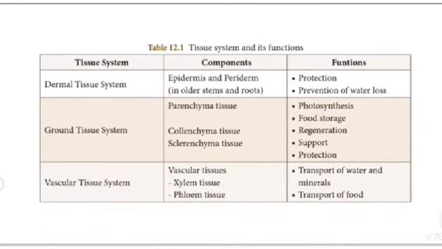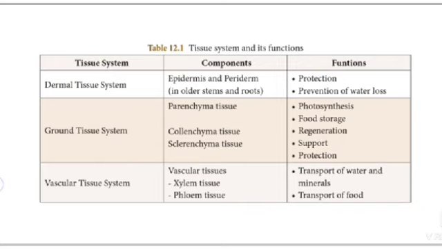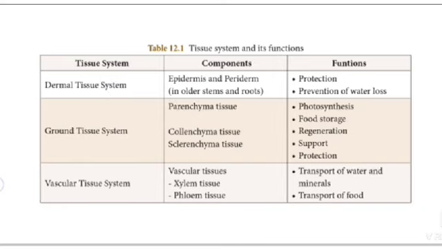The tissue system, components and function. Dermal tissue system: epidermis and periderm in older stems and roots; function is protection and prevention of water loss.